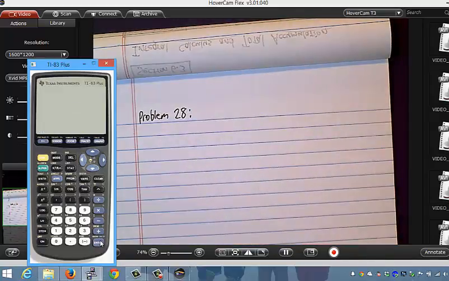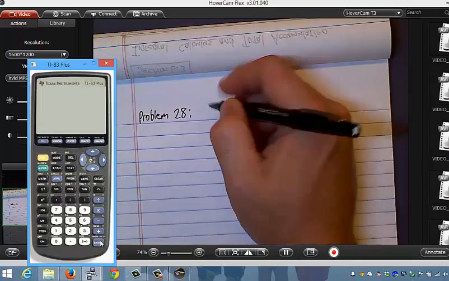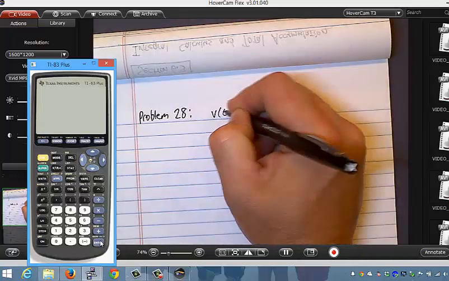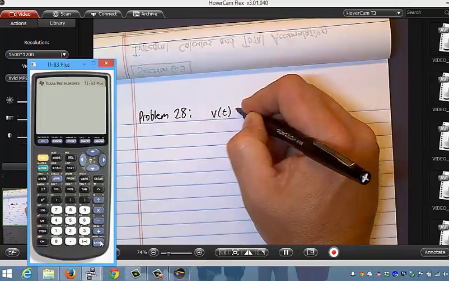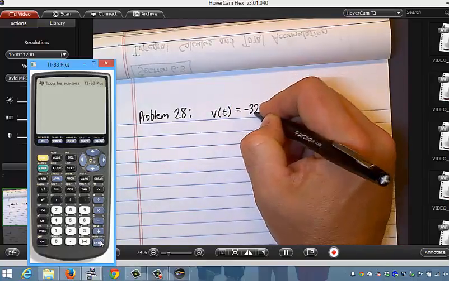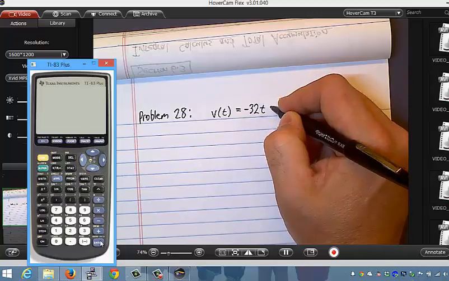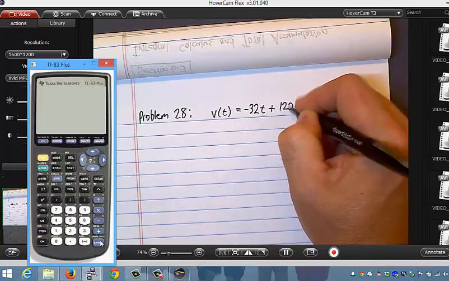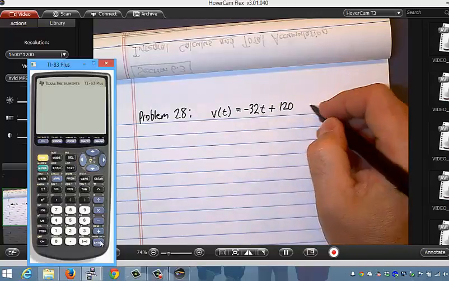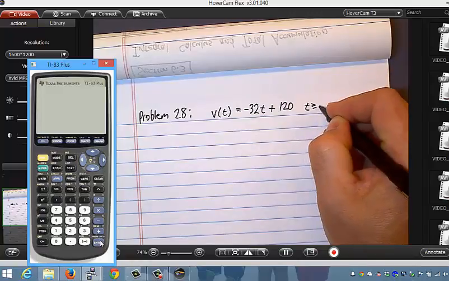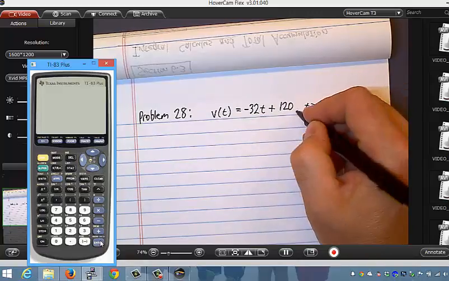And what we are told is that the velocity of an object is given by v of t equal to negative 32t plus 120 when t is greater than or equal to 0.